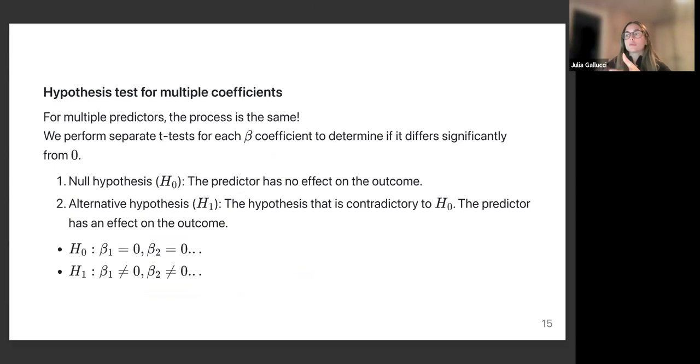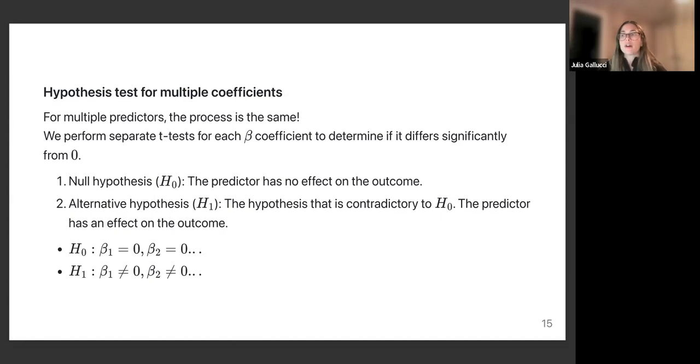So when we add multiple predictors to our regression model, the process of hypothesis testing basically remains the same as it did with the single predictor. We perform separate t-tests for each beta coefficient to determine if it's significantly different from 0, which would indicate that that particular predictor has an effect on the outcome.